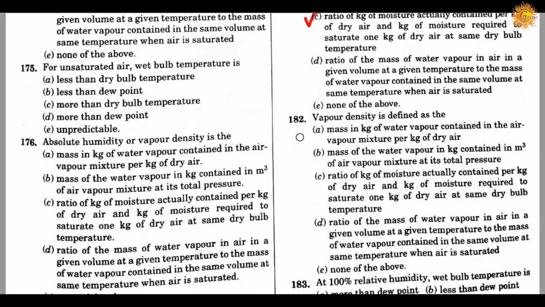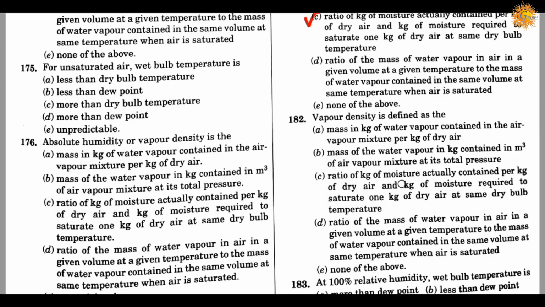Question number 182. Vapor density is defined as: Option A, mass in kg of water vapor contained in the air vapor mixture per kilogram of dry air. Option B, mass of water vapor in kilogram contained in meter cube of air vapor mixture at its total pressure.